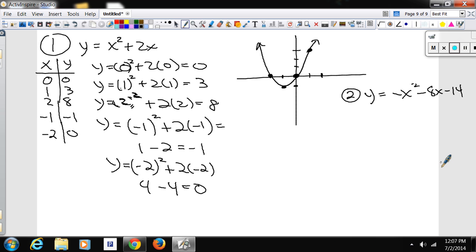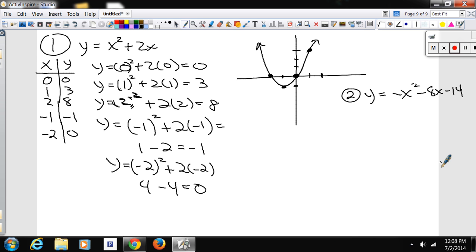It would be nice to get the vertex right away with it. So what I would probably do, there's a couple ways to do it. I just don't want to confuse you. There's too many different variations. That's what I was worried about. That's why I think if you just learn to plug in numbers, it will always work. You'll always get your graph.